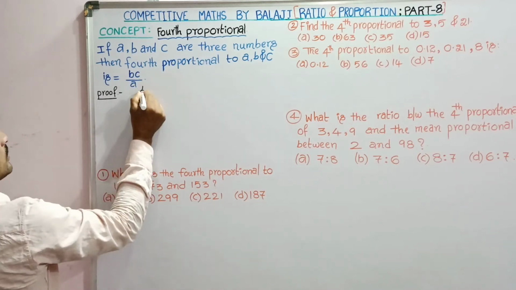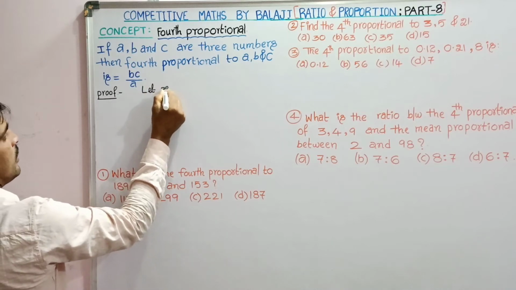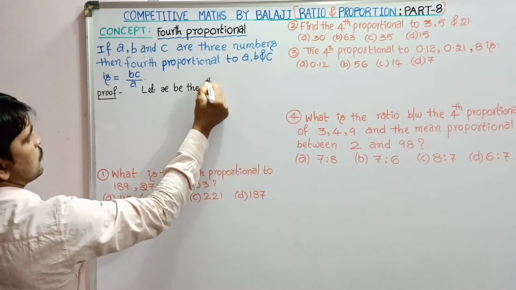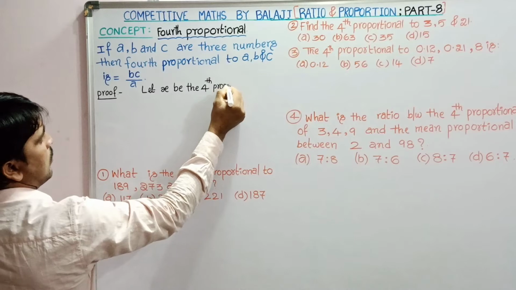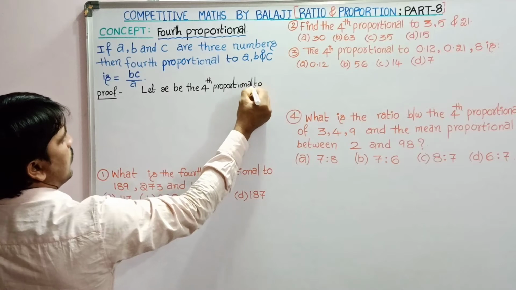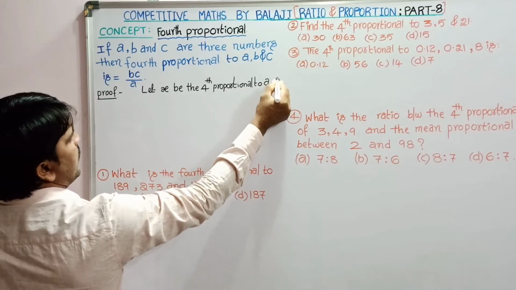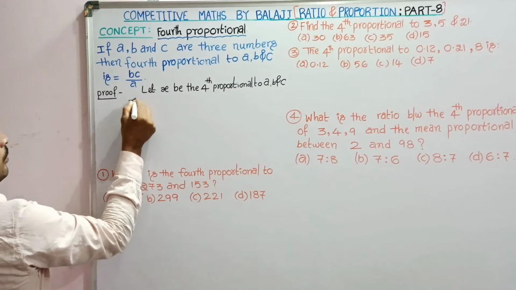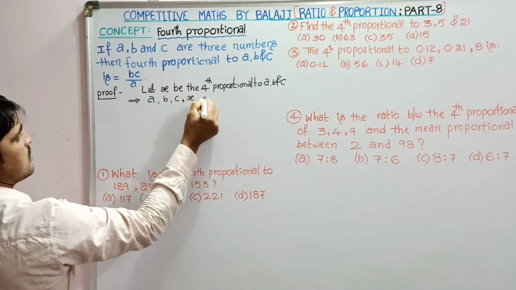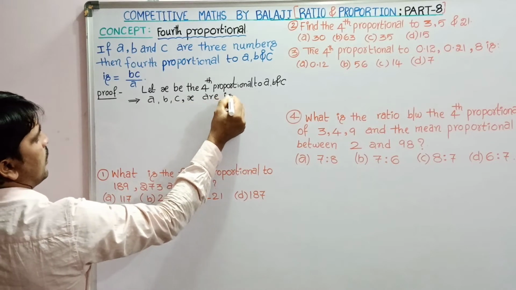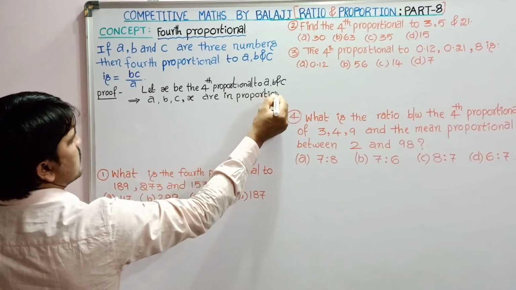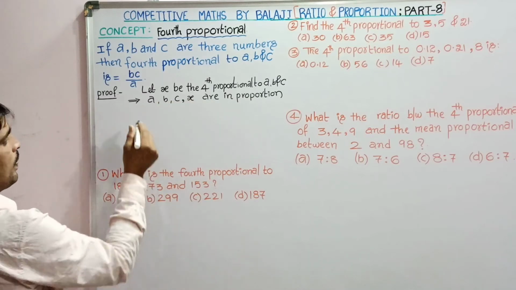Proof: let x be the fourth proportional to a, b and c. Then a, b, c, x are in proportion, so x is called the fourth proportional to a, b, c.